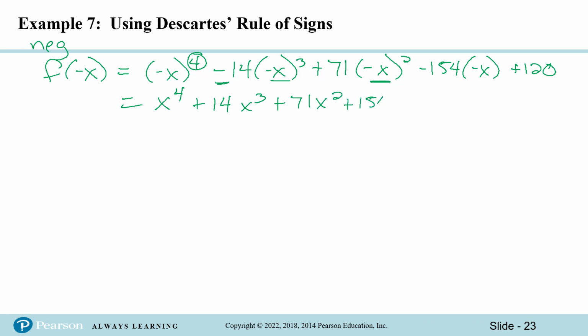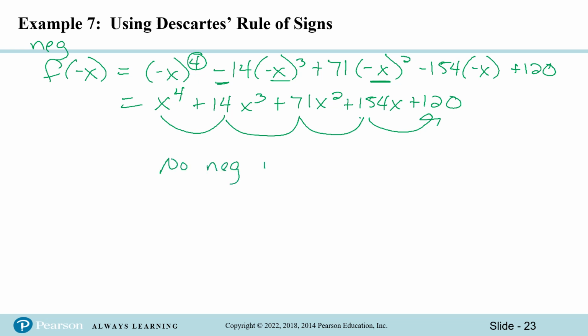Positive 154x plus 120. Positive, positive, there's 0 sign changes. So, no negative real zeros.